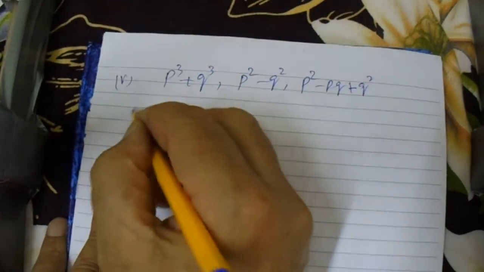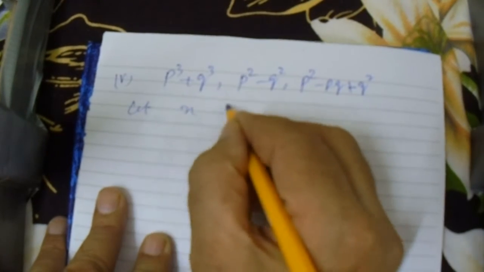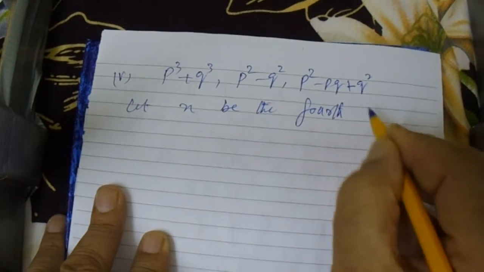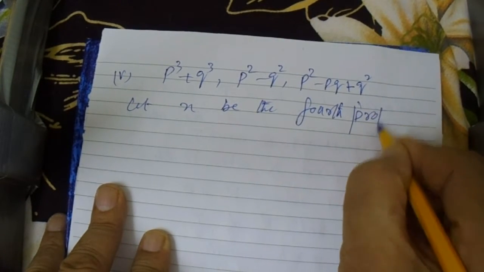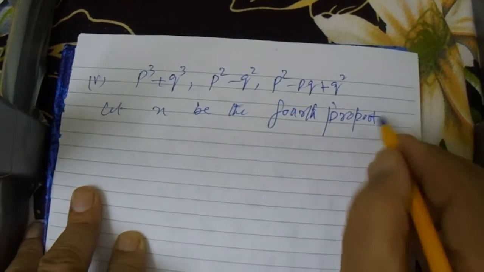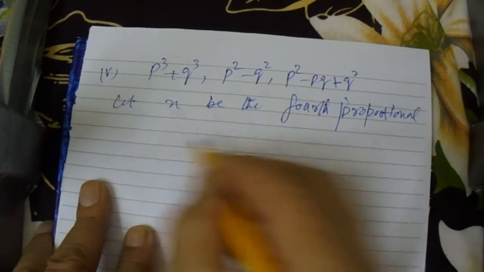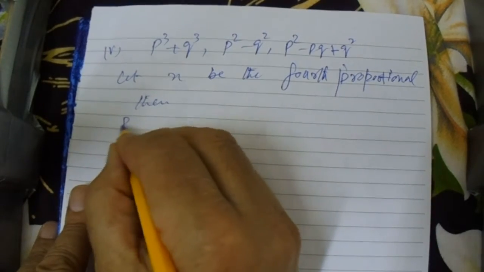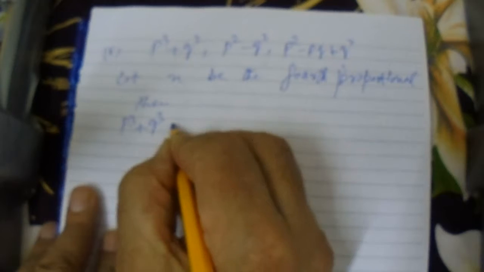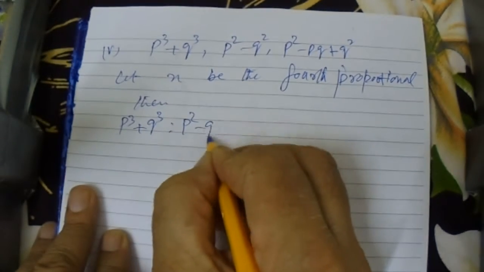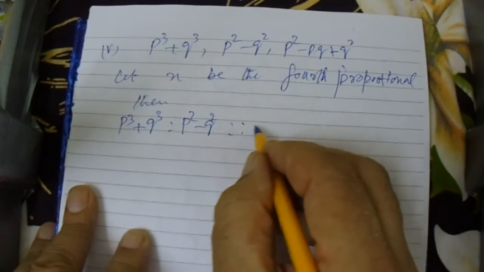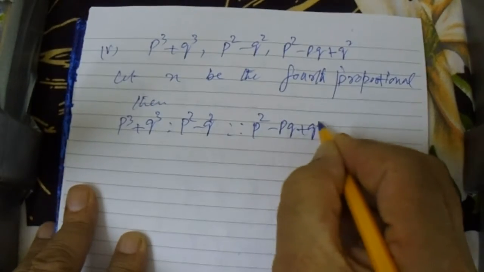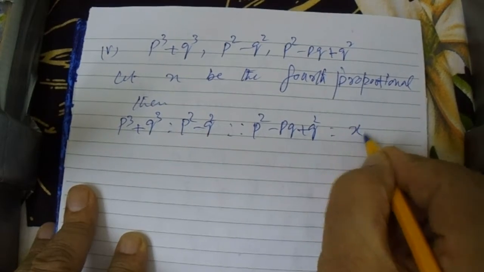Now let x be the fourth proportional, then we write P^3 plus Q^3 ratio P square minus Q square proportional this P square minus PQ plus Q square ratio x.